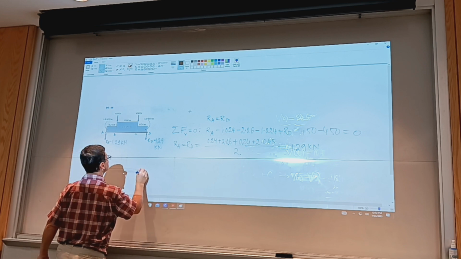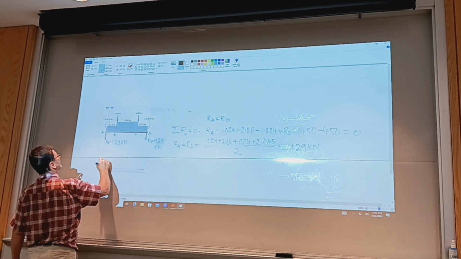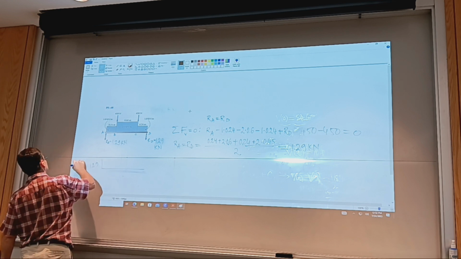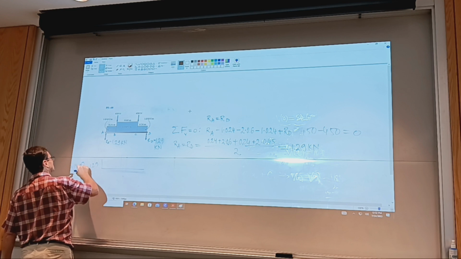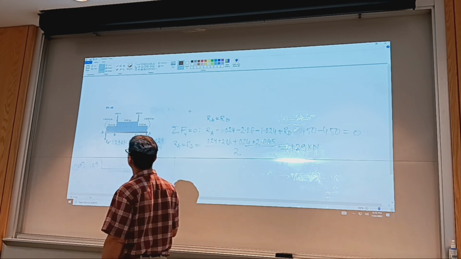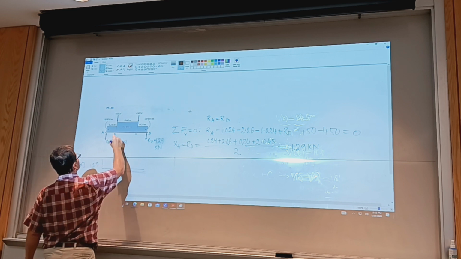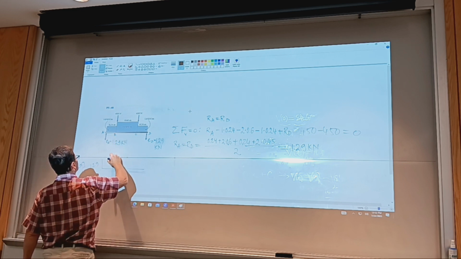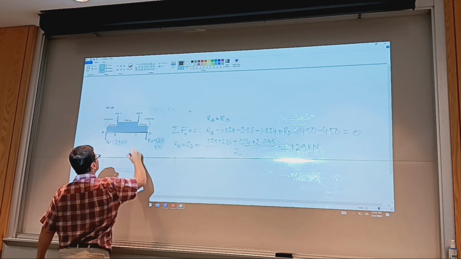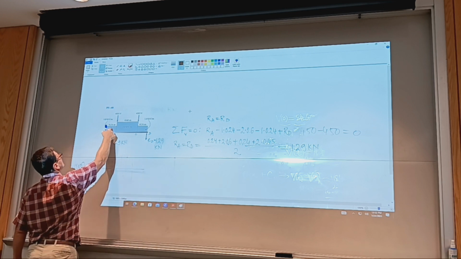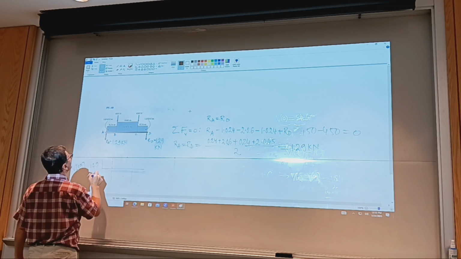So let's draw the shear diagram. We have the 1.29, positive 1.29. Again, this is V, and it's in kilonewtons. All right, and then I have a linear variation, a decrease by a slope of 1 kilonewton per meter.